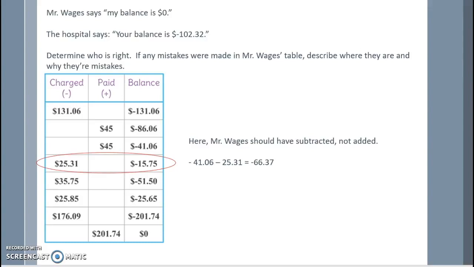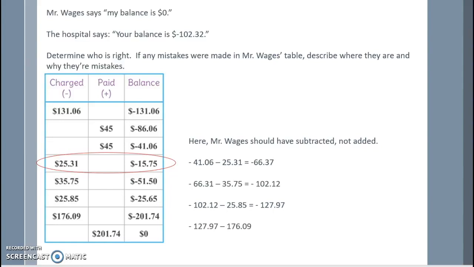Further then, that would then affect everything from here on out. So the next step then would be to take negative $66.31, subtract, since he charged $35.75. So now he owes $102.12. Again, he charged some more, so we need to keep subtracting, keep getting more negative for a new balance of negative 127.97.